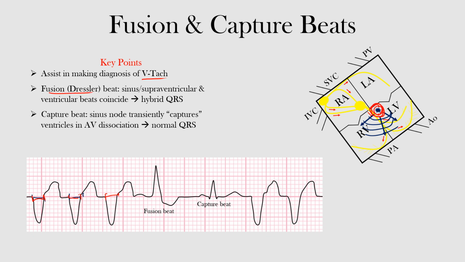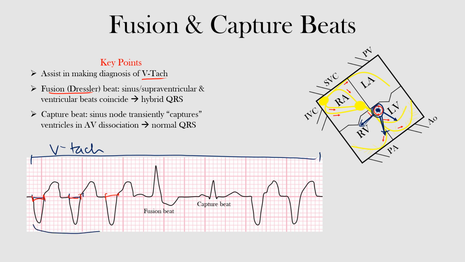So what we're getting here are these fusion beats, or Dressler beats. Imagine that we have some place in the ventricles that is acting as our ventricular origin, so we'll use this area here. This whole rhythm strip represents VTach, so we have this firing throughout, and we have these wide complexes. Then all of a sudden, we have an impulse that's coming from somewhere above the ventricles.